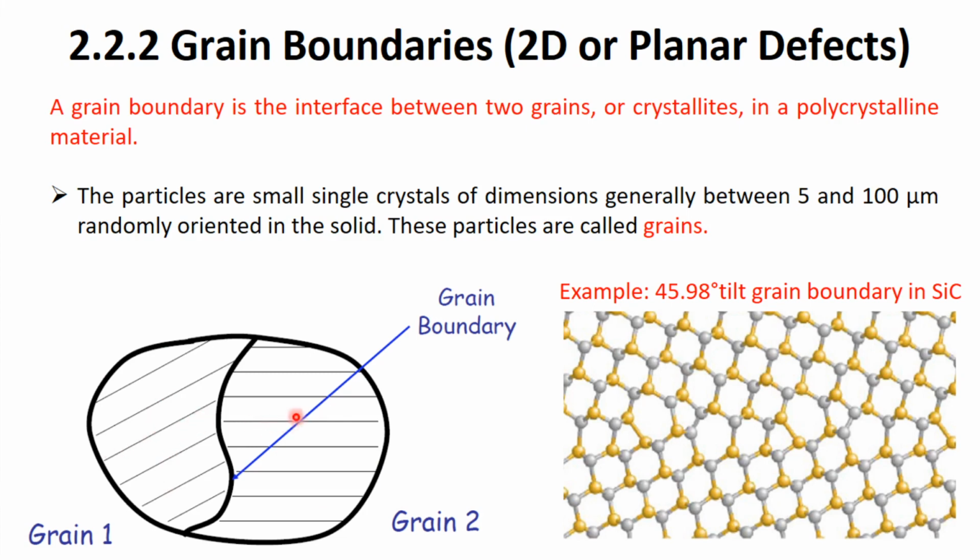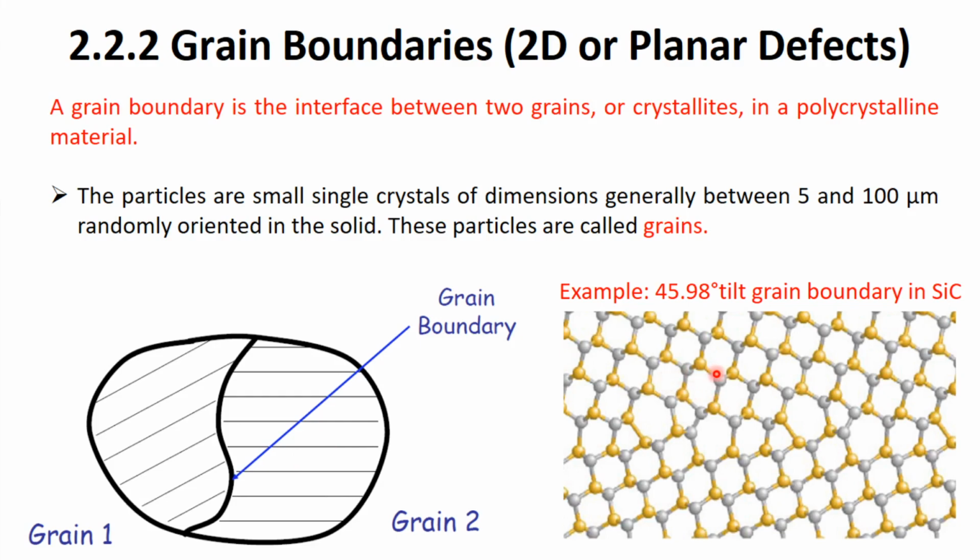The particles are small single crystals of dimensions generally between 5 and 100 micrometers, randomly oriented in the solid. These particles are called grains. So the size of these grains shown in the figure may be between 5 to 100 micrometers.